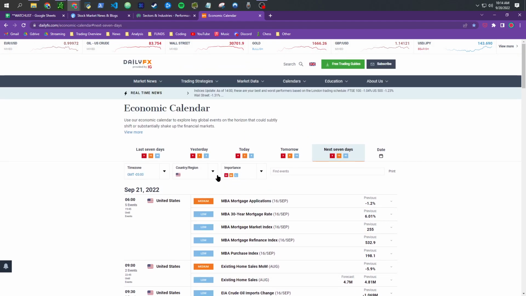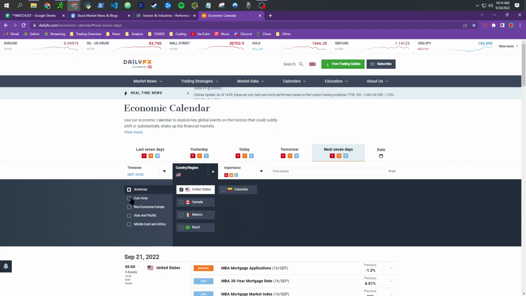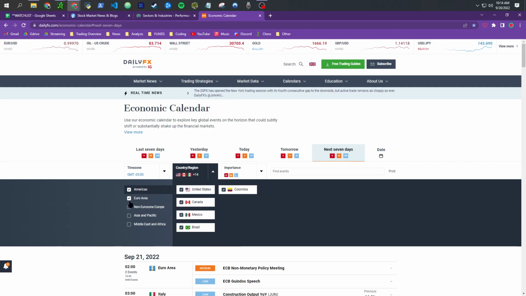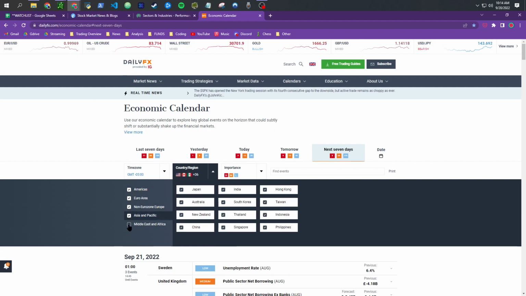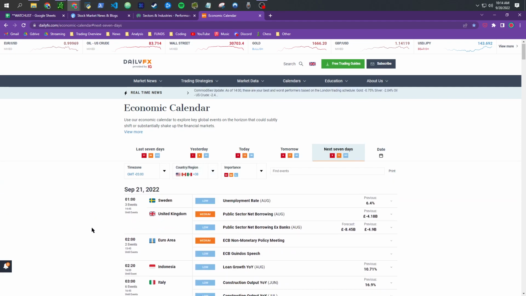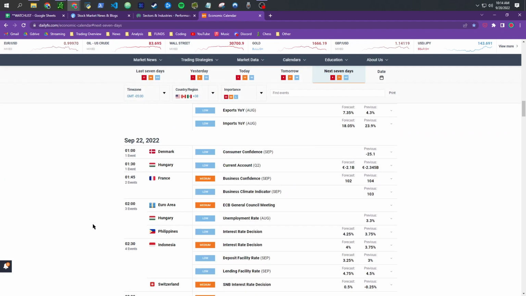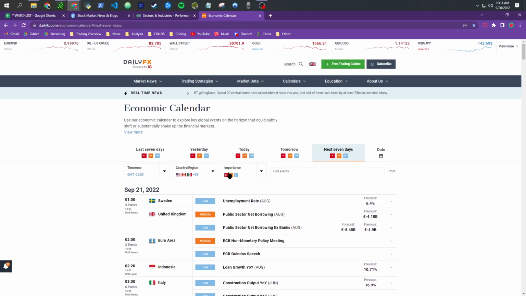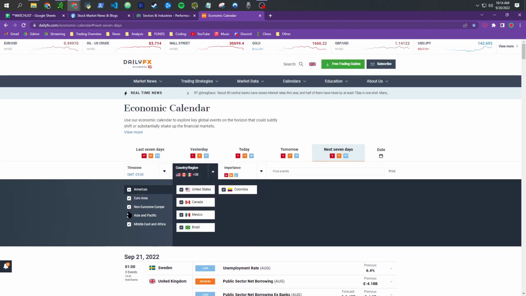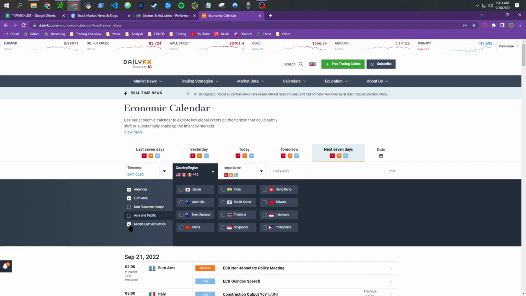I like this website because it gives like everything. You can look at basically the entire world, which is a lot. So you'll have these endless lists of events, right? But you can also narrow it down. So I like looking at the Eurozone.